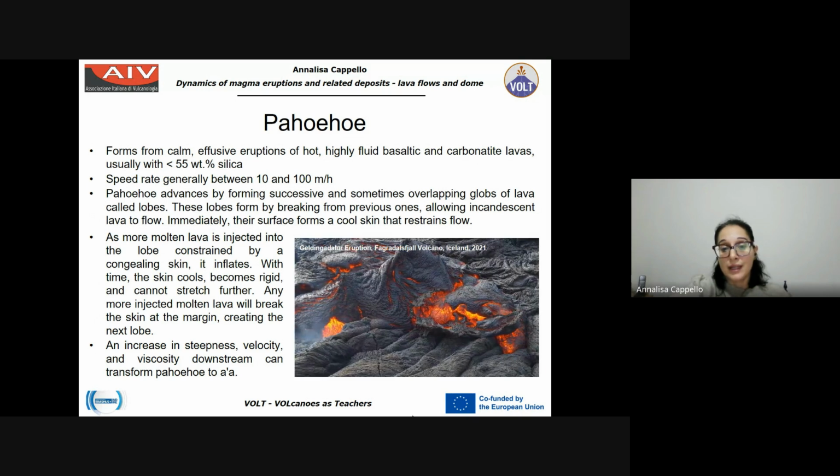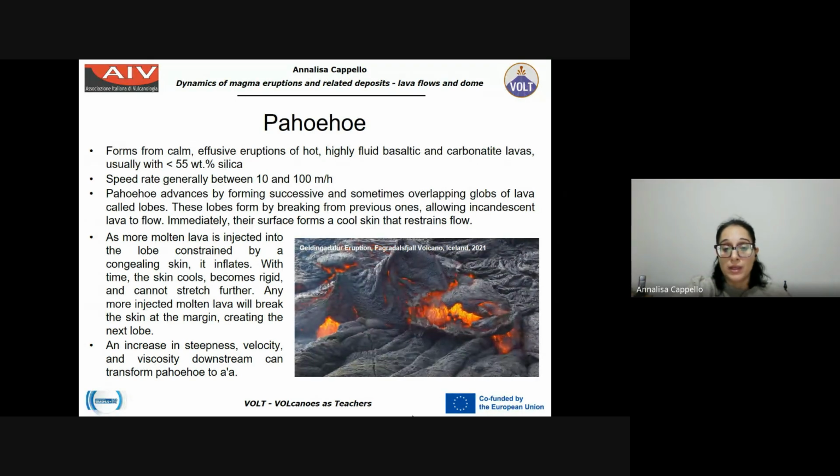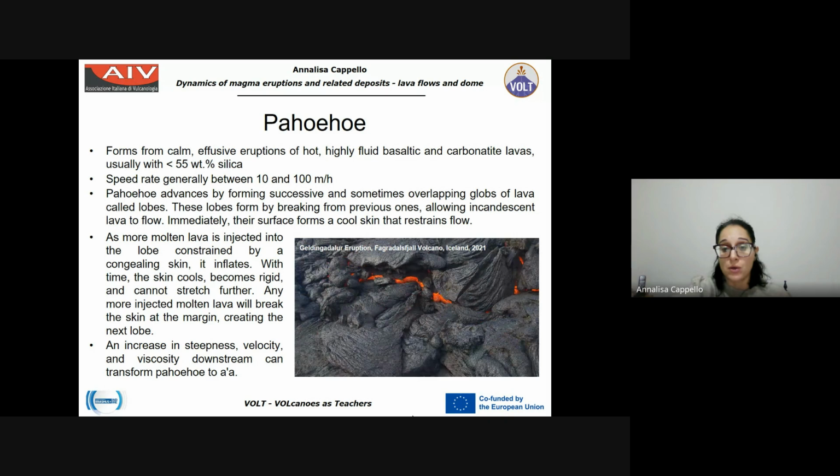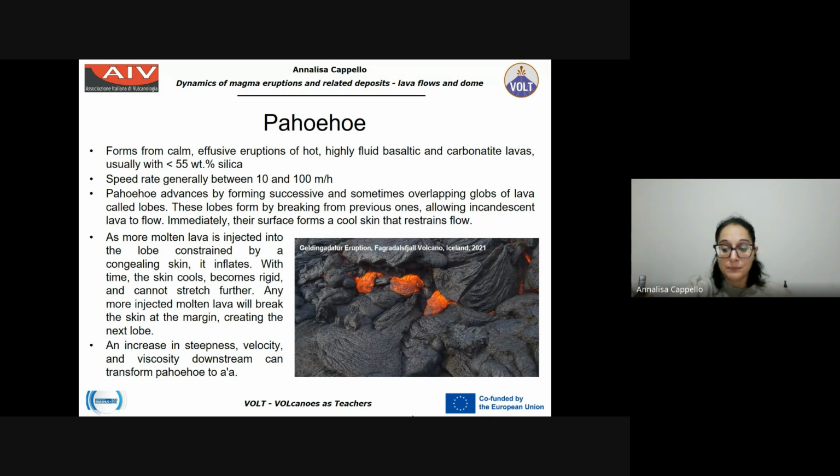The characteristics of this lava obviously can change depending, for example, on the steepness, velocity, and viscosity, and this can transform pahoehoe lava into aa lava.